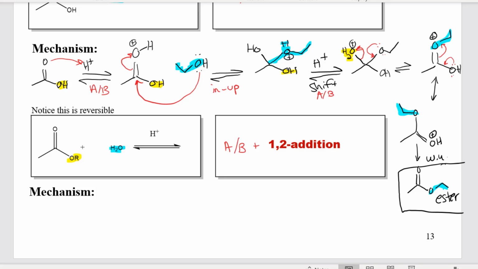Let me try to write it a little bit more simply. Let's say I started with this ester. I add an acid. I do my acid-base chemistry first to activate my carbonyl.